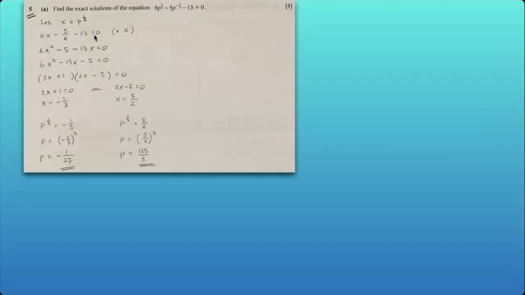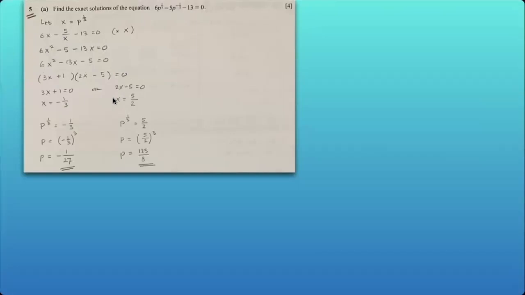That's equal to 0. And what we can do next is multiply both sides by x to get rid of this fraction. That gives us 6x squared minus 5 minus 13x is equal to 0.